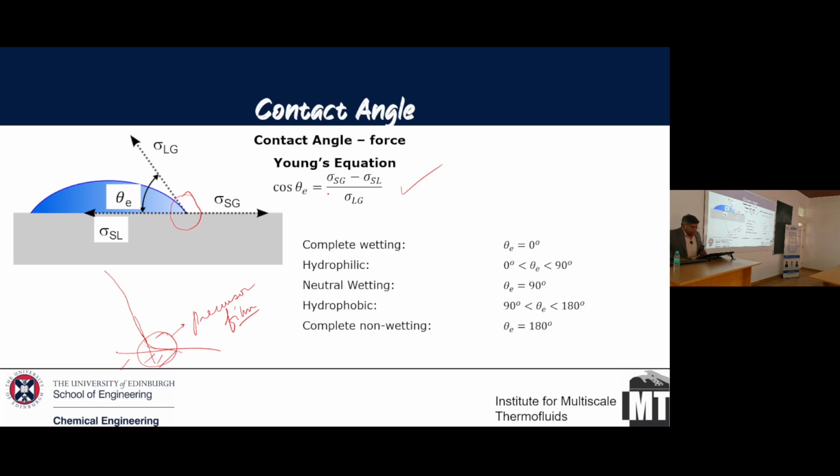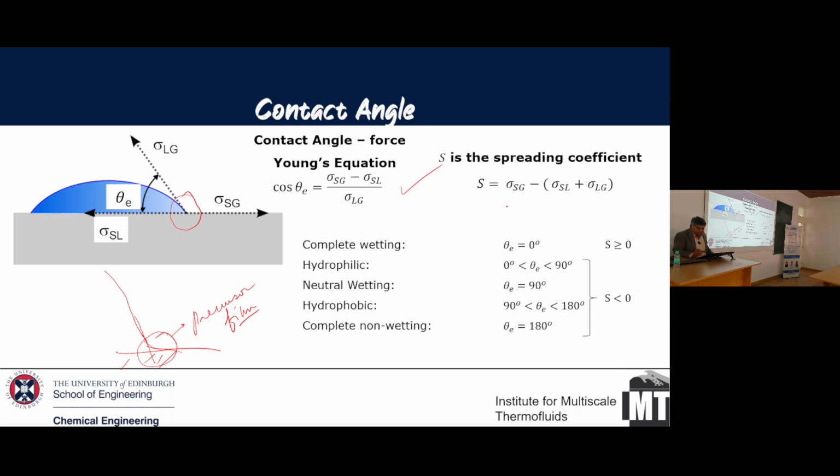The first thing we can look at is the so-called spreading. If you just look at the force balance, you would get sigma Sg on this side, and you've got some sigma Sl and some sigma Lg. So the net energy in that area would be something of this form.